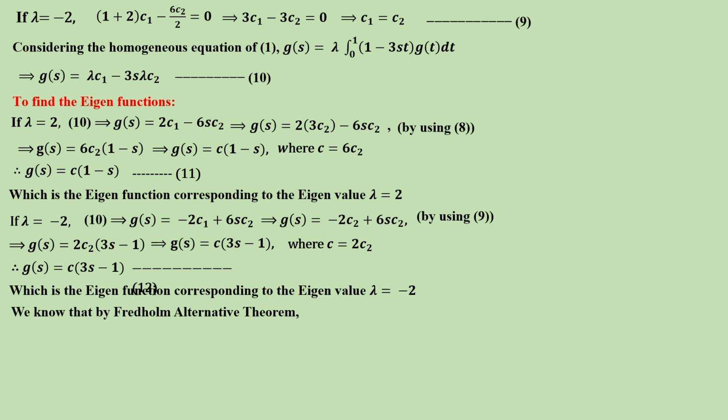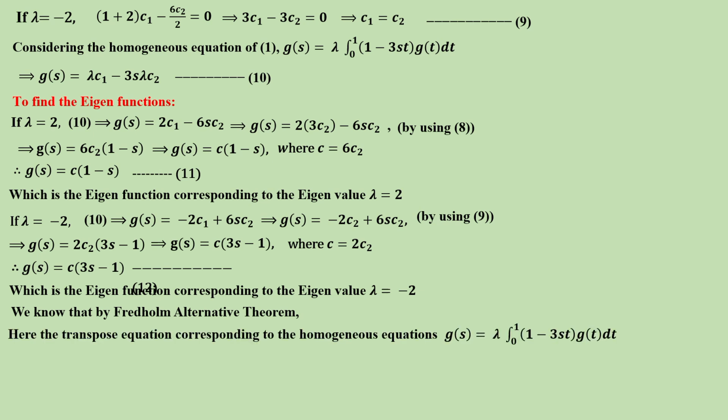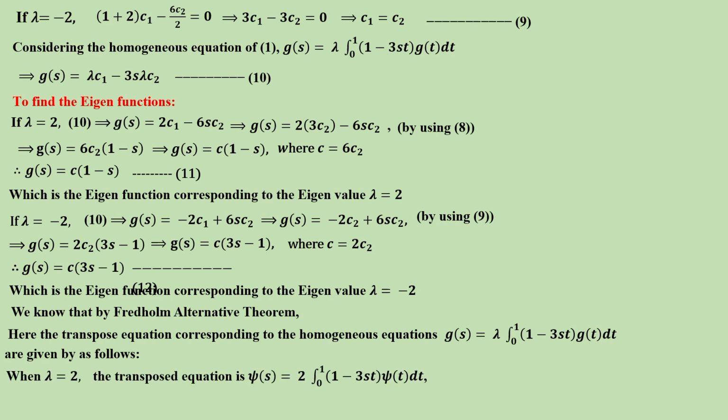We know that by the Fredholm alternative theorem, the transpose equation corresponding to the homogeneous equation g of s is equal to lambda into integral 0 to 1 of (1 minus 3st) g of t dt is given by, first, when lambda is equal to 2, the transpose equation psi of s is equal to 2 into integral 0 to 1 of (1 minus 3st) psi of t dt.